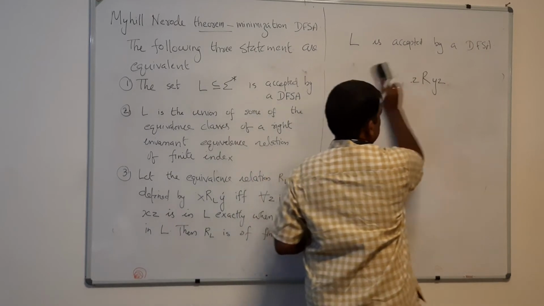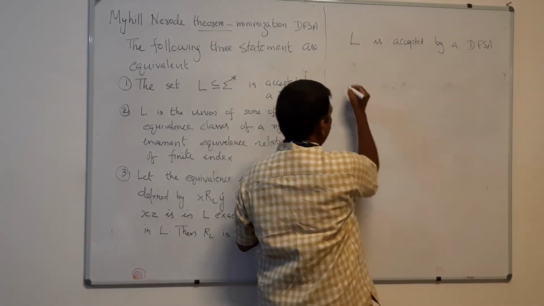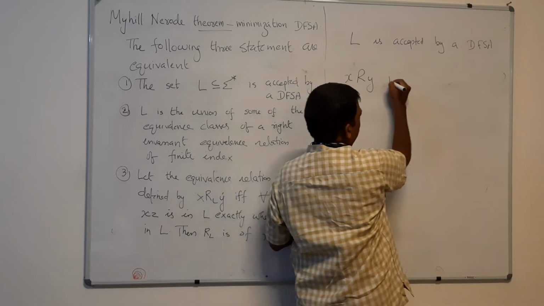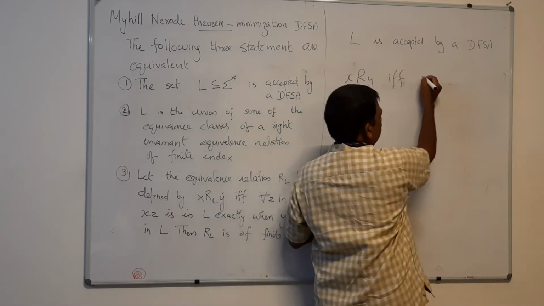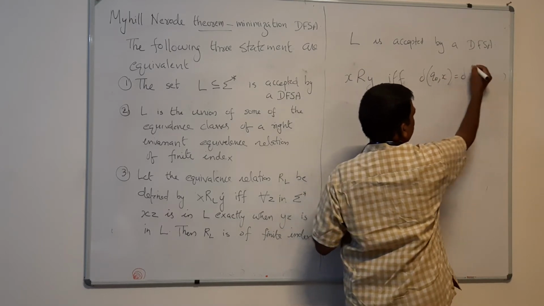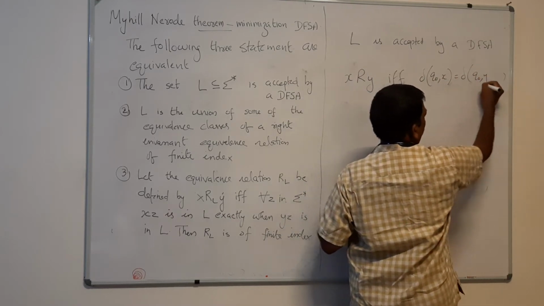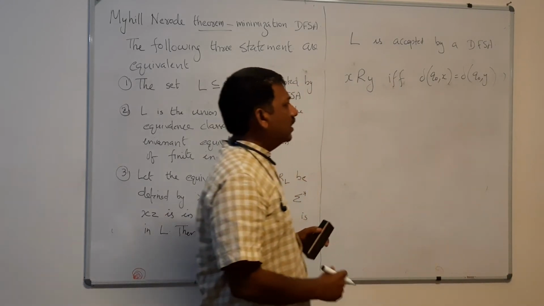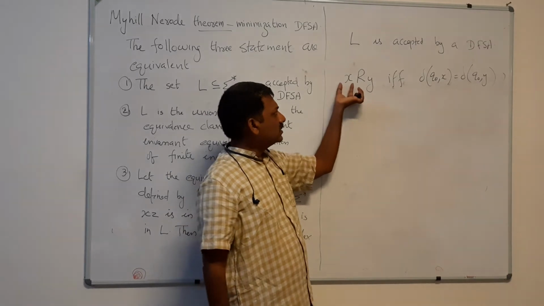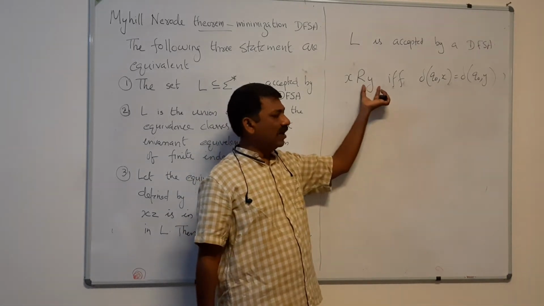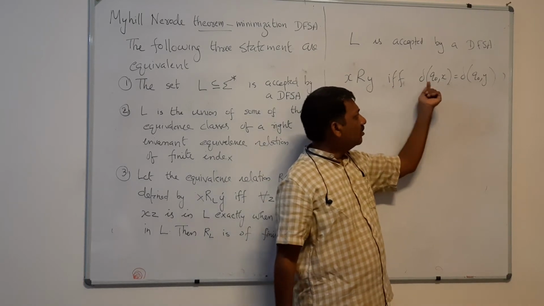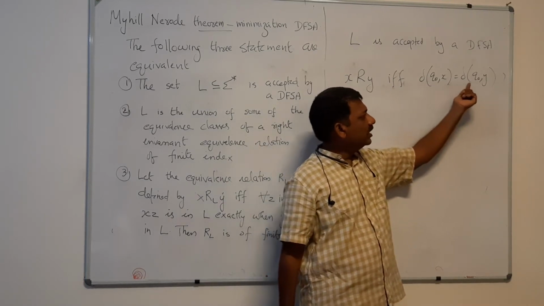Now we are going to define x related to y if and only if delta of q0 on x equals delta of q0 on y. Here is the definition: a string x is related to string y if and only if delta of q0, x is equal to delta of q0, y.